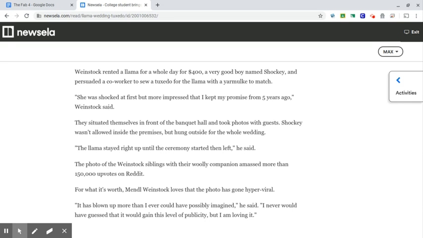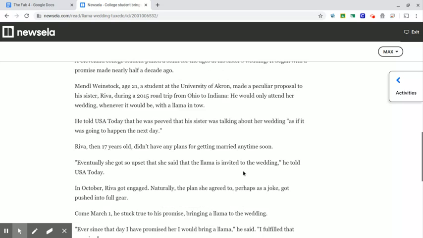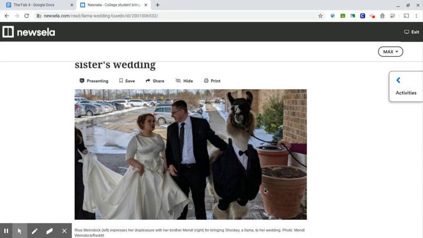That's pretty cool. And there is a word here I don't know. Yarmulke? I think we need to reread the sentence. And then I know there's a picture here that talks about the picture of the llama at the top. And this sentence does talk about the tuxedo. So Weinstock rented a llama for a whole day for $400 and persuaded a coworker to sew a tuxedo for the llama with a yarmulke to match. So let's look in the picture and see if we can find something the llama is wearing, a tuxedo to match, that we don't know what it is.